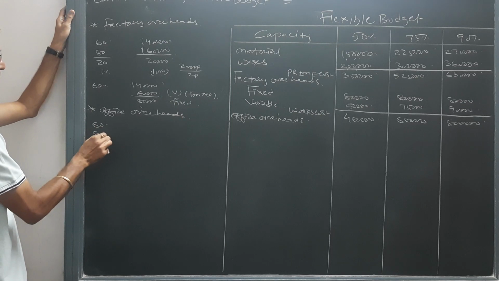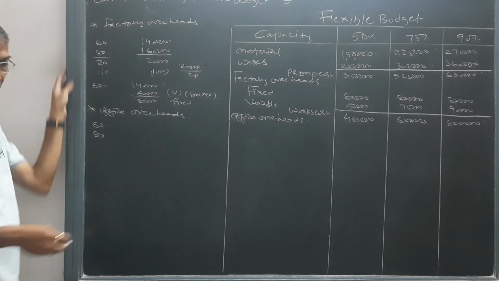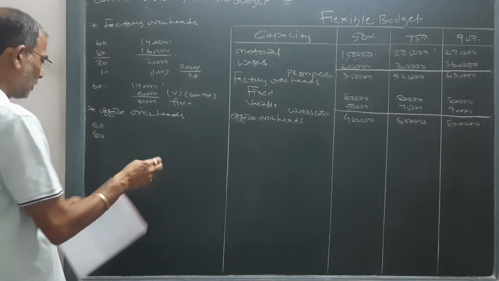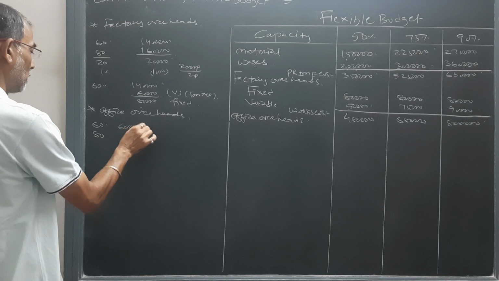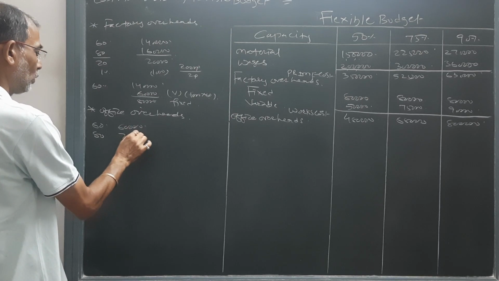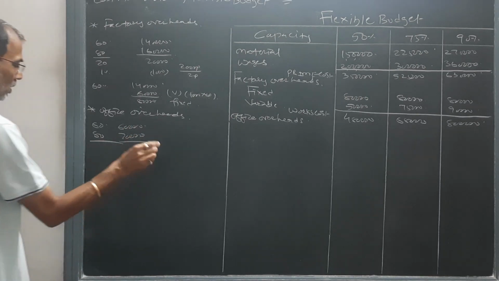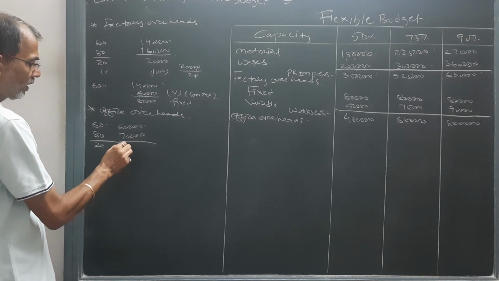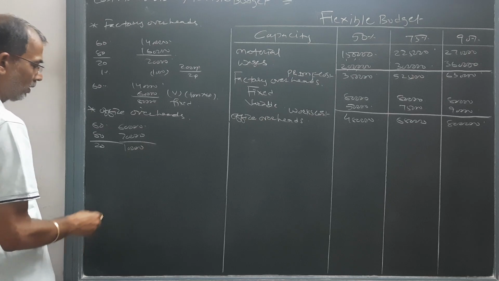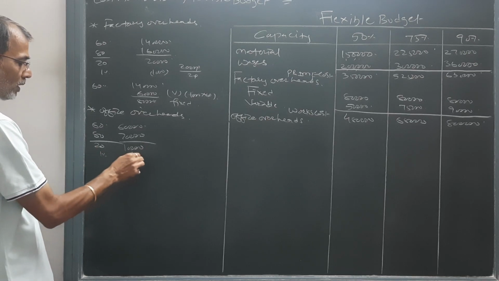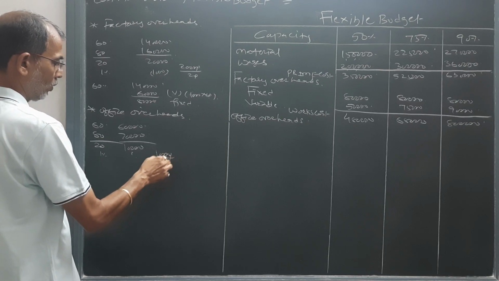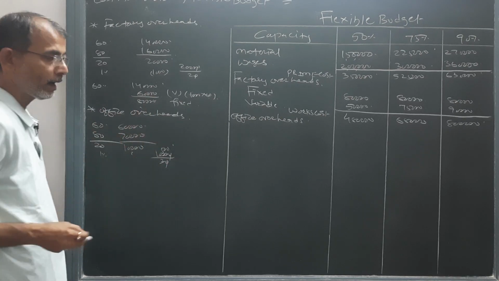Now we will come to office overheads. Same as we got in the factory overheads. At 60% capacity, office overheads are 60,000, and at 80 those are 70. So for 20% the difference is 10,000. So for every one percent, 10,000 divided by 20, that is 500.